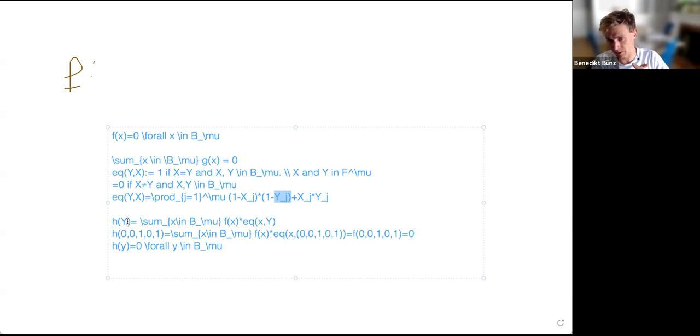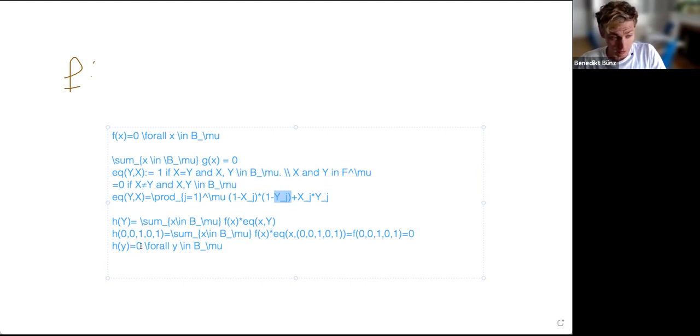So there's this equivalence, and the same thing holds for multilinear polynomials: if h is multilinear in mu variables, it's going to be uniquely defined by 2 to the mu evaluations. There's only one multilinear polynomial that has this structure.